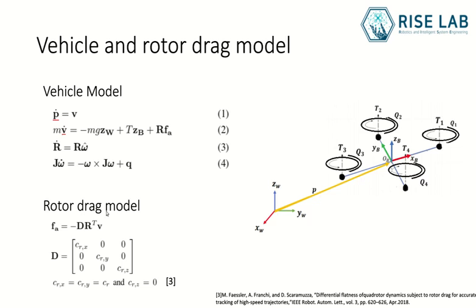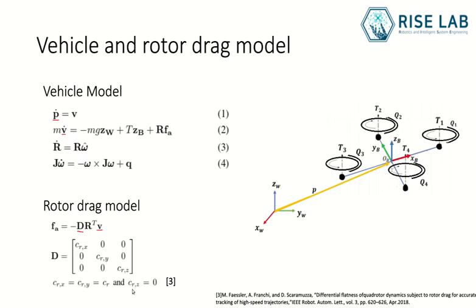The rotor drag model is as follows. It is composed of a diagonal matrix whose coefficients are rotor drag coefficients, and is proportional to the velocity. The force is opposed to the direction of the velocity, and as such is modeled as a drag.